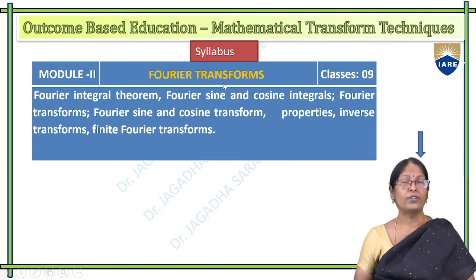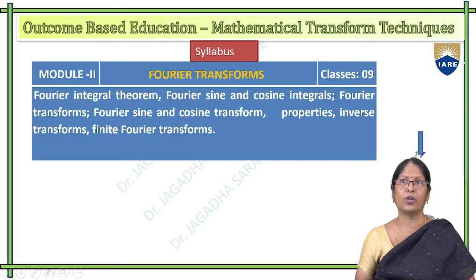So Fourier transforms is our second module. To complete the syllabus of Fourier transform, the faculty expects that, compulsorily, at the end of the semester, the student should possess the knowledge for which these parameters are required.